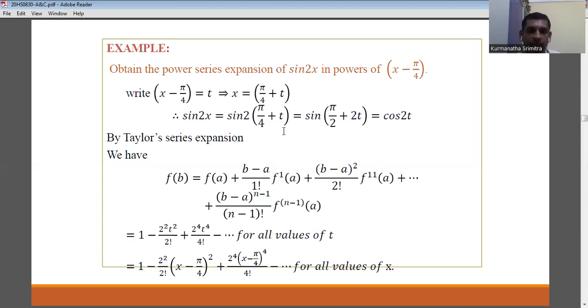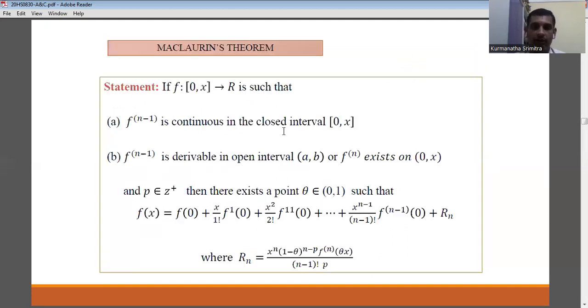So we can directly substitute in the theorem, f of b equal to f of a, where a equals pi by 4 and b is x. By substituting all these values, we get the form for sine 2x as 1 minus 2 square by 2 factorial (x minus pi by 4) whole square plus 2 power 4 by 4 factorial (x minus pi by 4) whole power 4 plus and so on. This is the Taylor series for sine 2x.